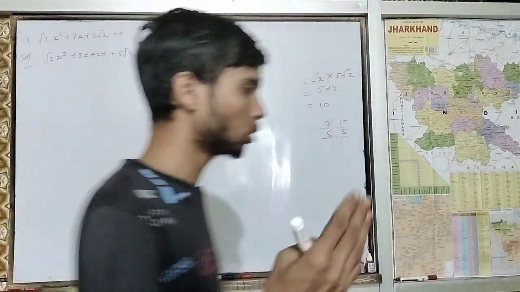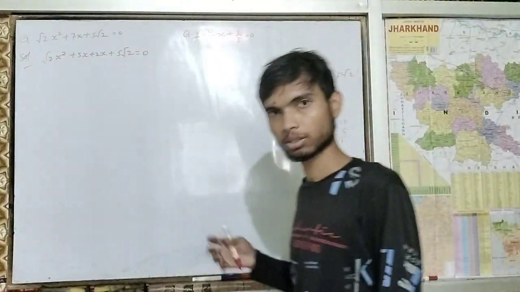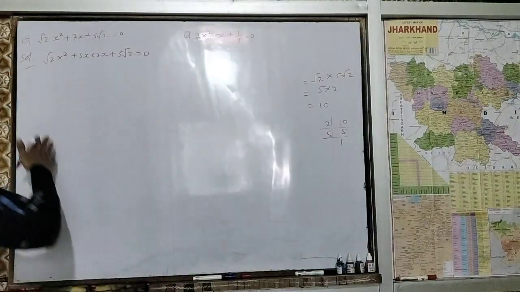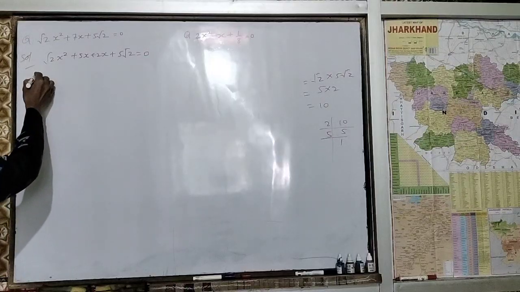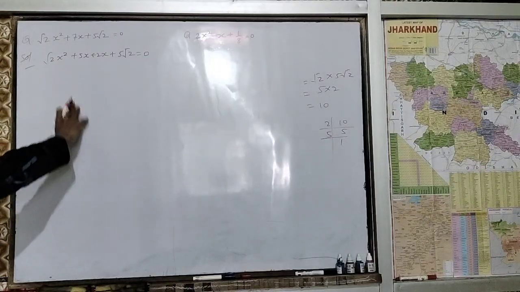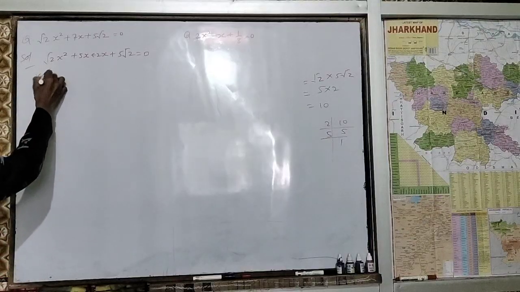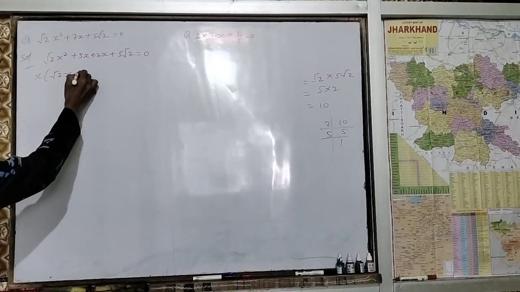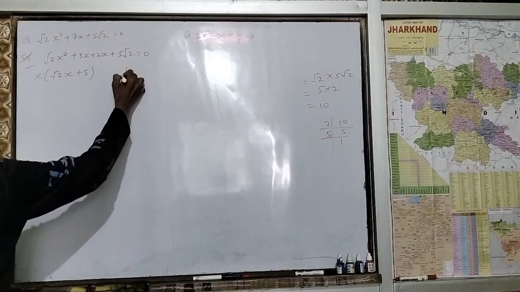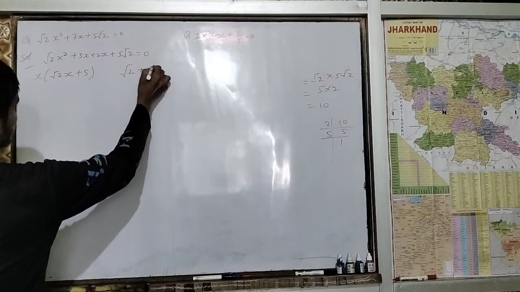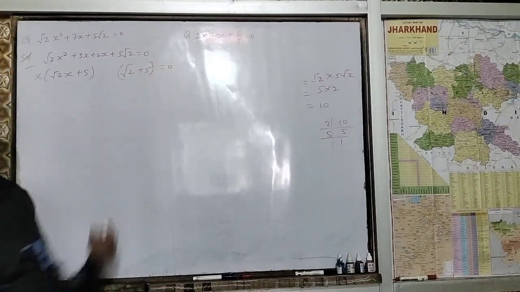Now we have 4 terms. Whatever is the form, you write in one way. In this we have x common. Root 2x plus 5. Same here, root 2 plus 5. That is equal to 0.